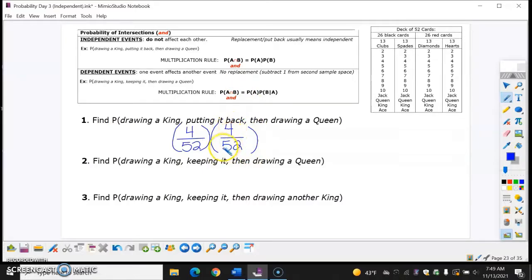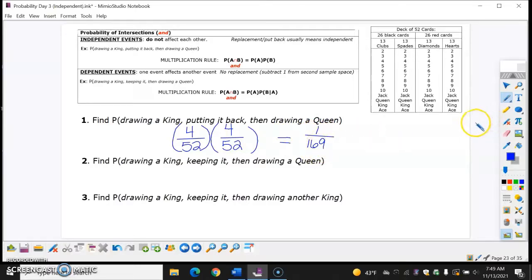That would be 4 out of 52 also. Okay, so these are independent events because if you put the card back, then the probability for drawing a queen is the same as if you don't put the card back. You could multiply these and reduce these to get 1 over 169.